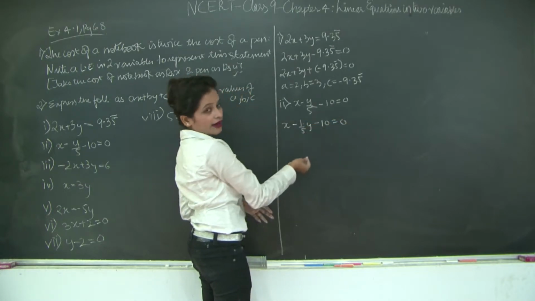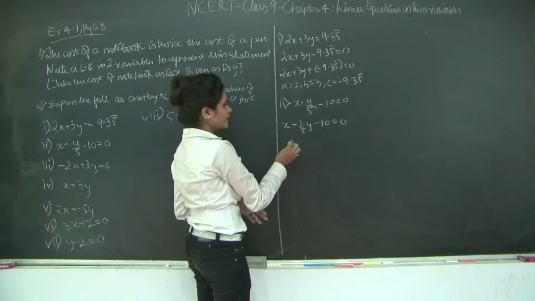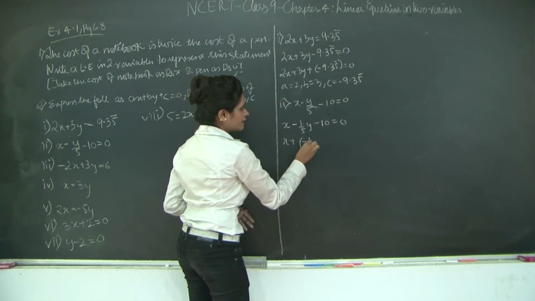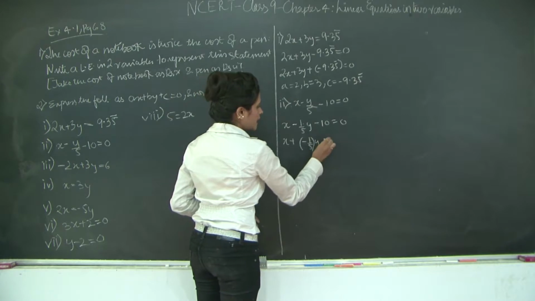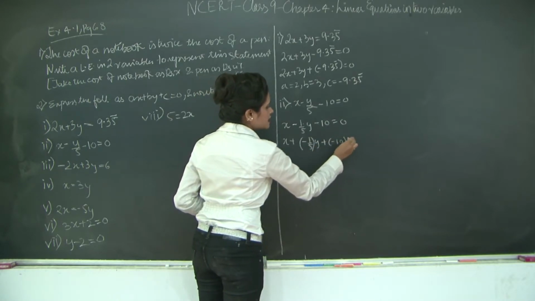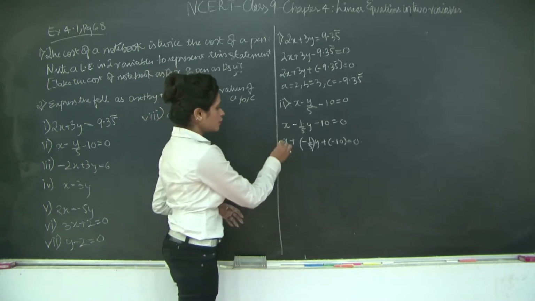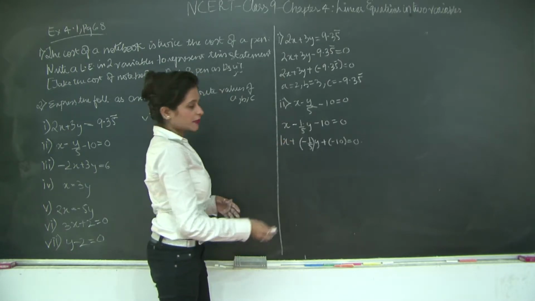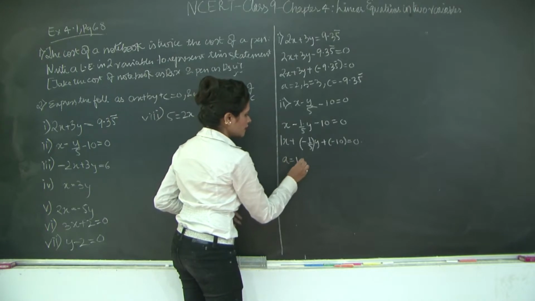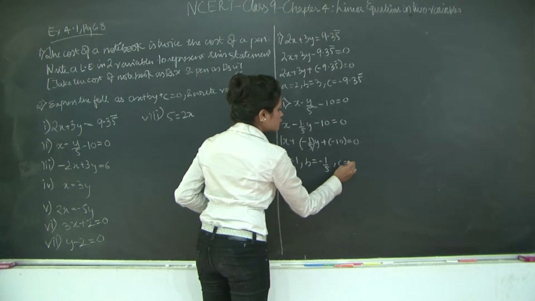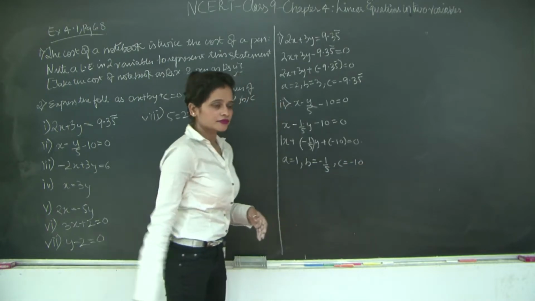See, minus 1 into y is going to give me minus y, so it becomes minus y upon 5. Now x plus minus 1 upon 5 y plus minus 10 is equal to 0. So this is of the form ax plus by plus c is equal to 0, where x is getting multiplied by 1. Therefore, your a is equal to 1, b is equal to minus 1 upon 5 and c is equal to minus 10.